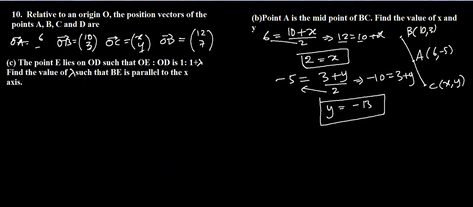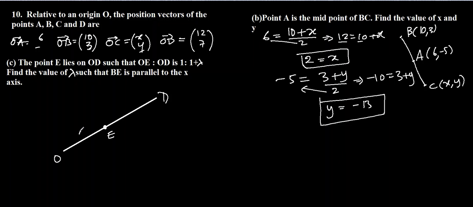Part C. They say that there is a point E that lies on OD. So let's say this is E, this is O, this is D, and the ratio OE to OD is 1 to 1 plus lambda.